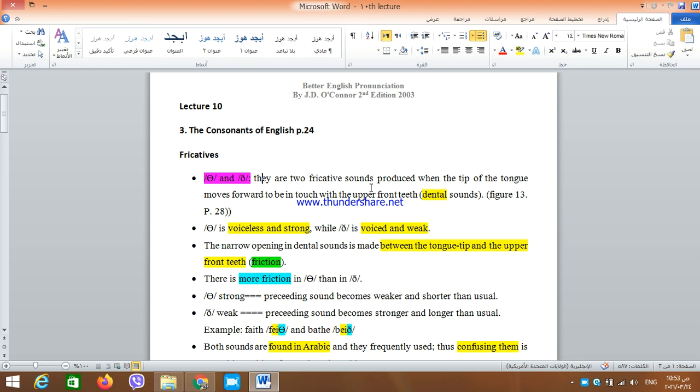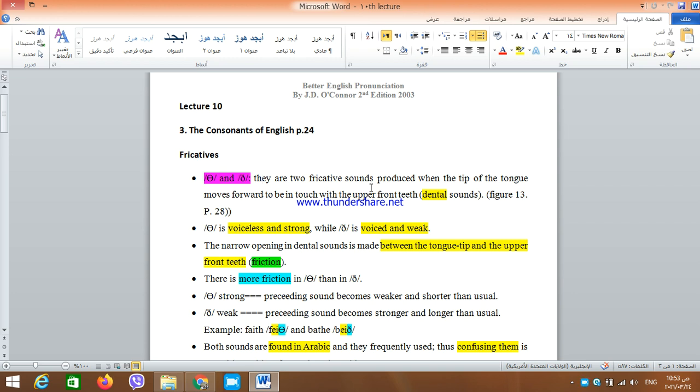If you remember, we have explained that in each pair of fricative sounds, we have a narrow opening formed at a specific place. In the case of f and v, the narrow opening was between the lower lip and the upper front teeth.